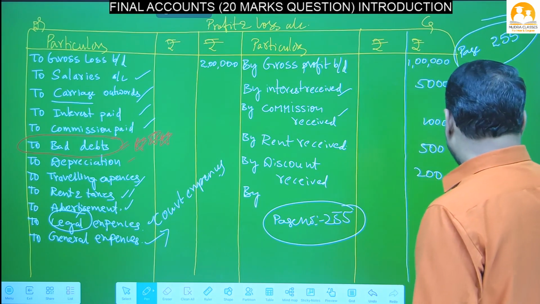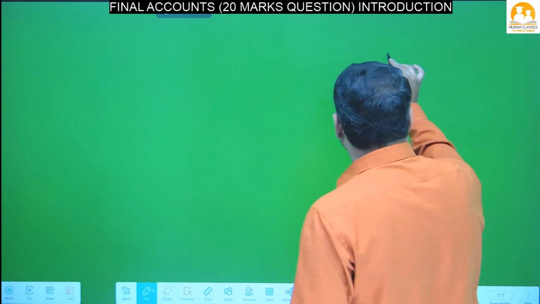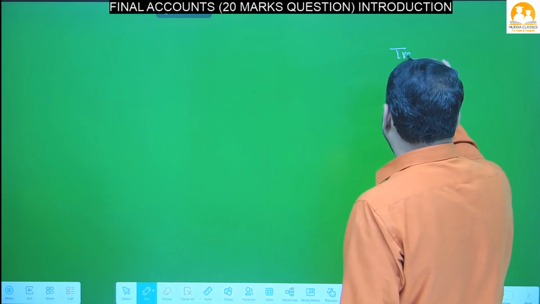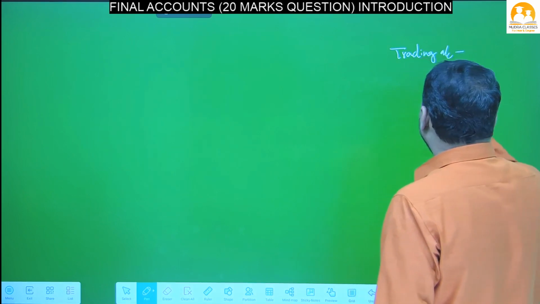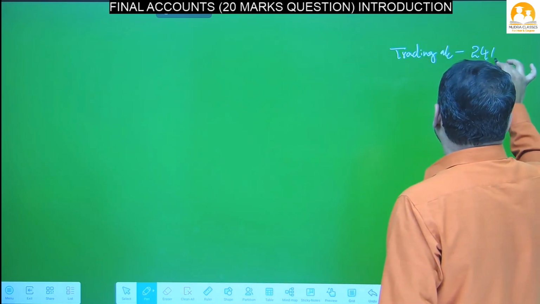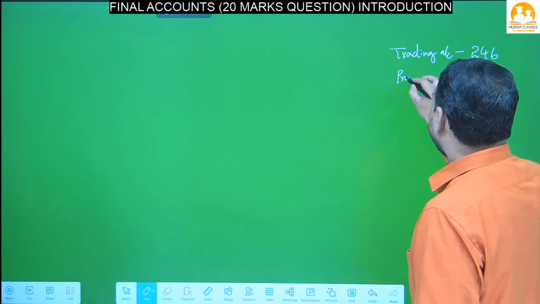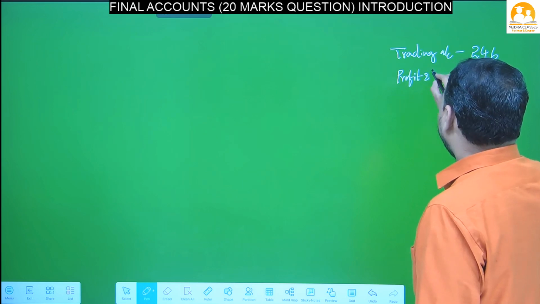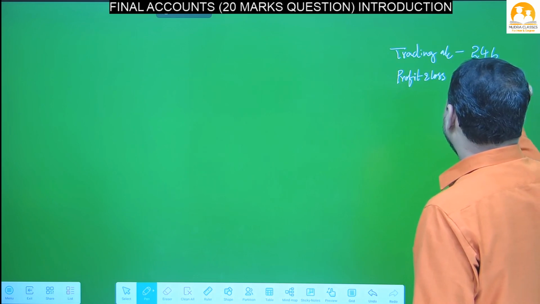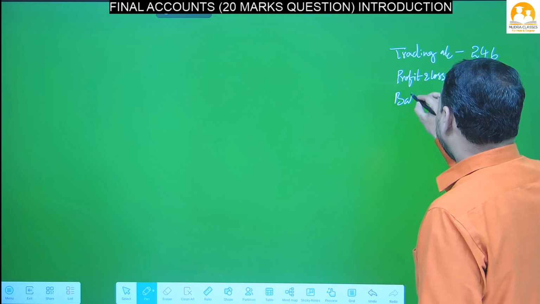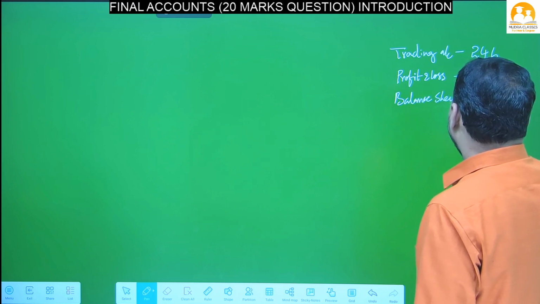Okay, I will write it one time, the 3 page numbers, so that you can learn them. Trading account page number is 246 in your accountancy textbook, profit and loss account page number is 255, and balance sheet page number is 263.